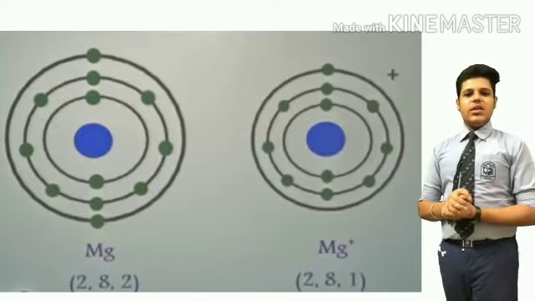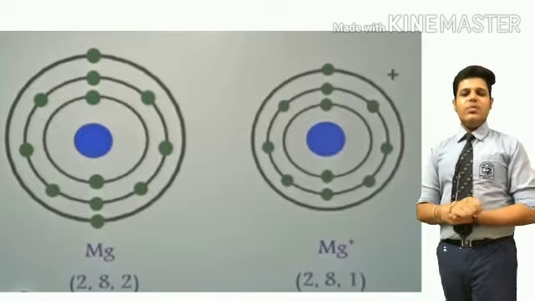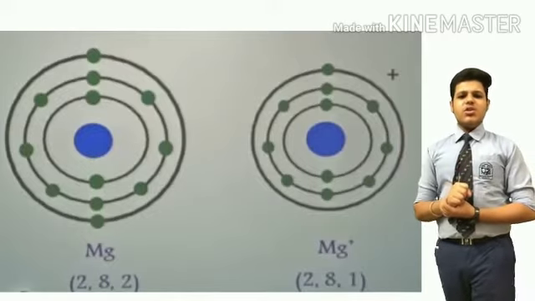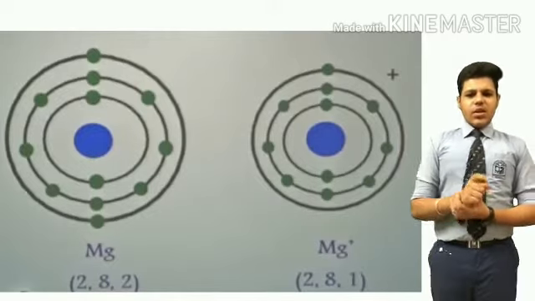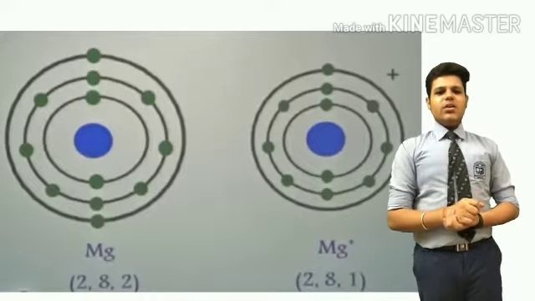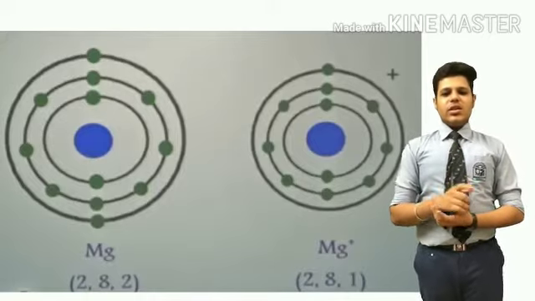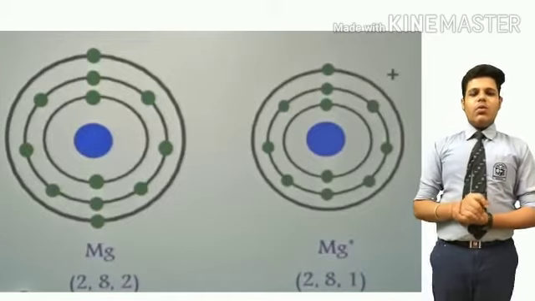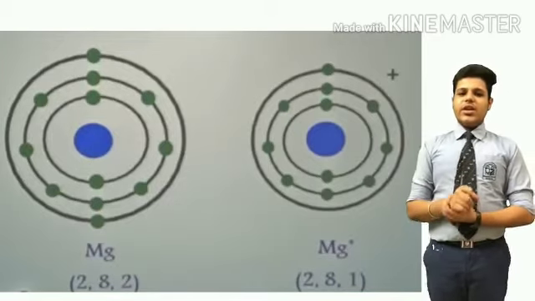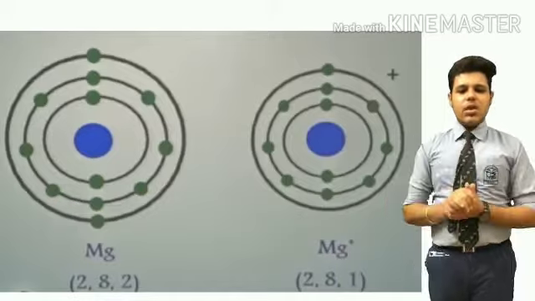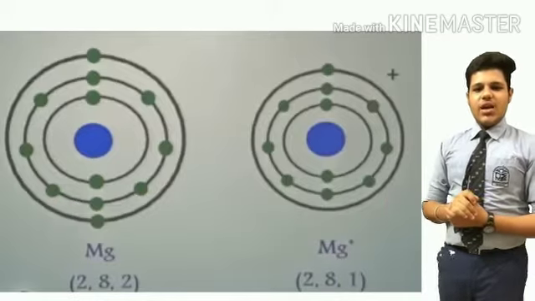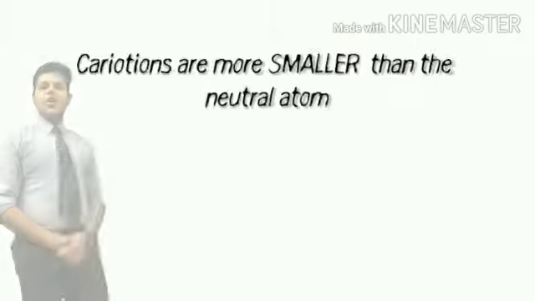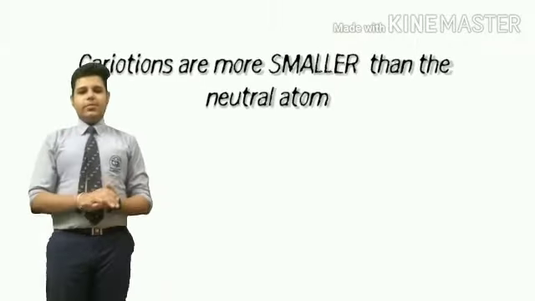In this case, the number of protons is one more than the number of electrons. The nuclear charge exerted on the electrons increases. Since the protons are now more, they exert a greater pull on the electrons. So overall, the size of the cation decreases. Cations are always smaller than the neutral atom.